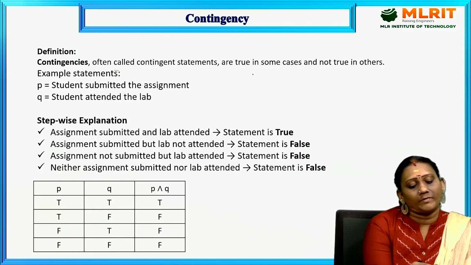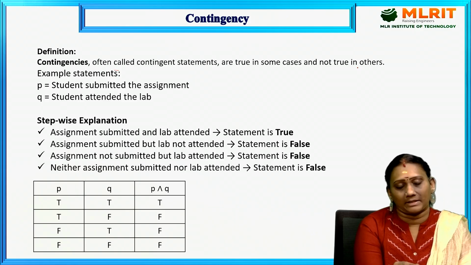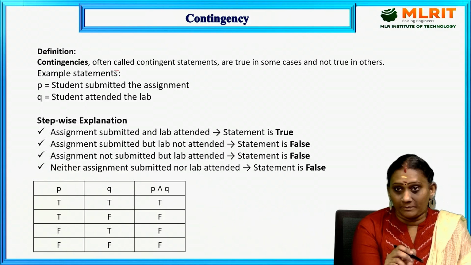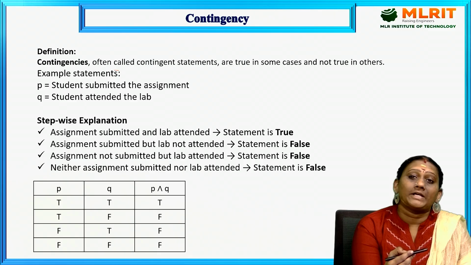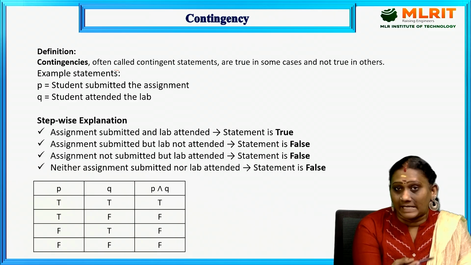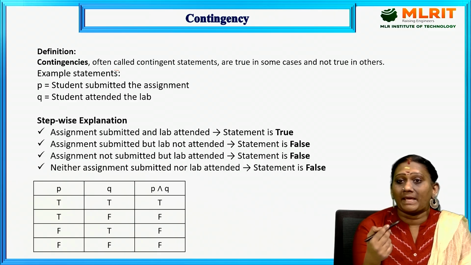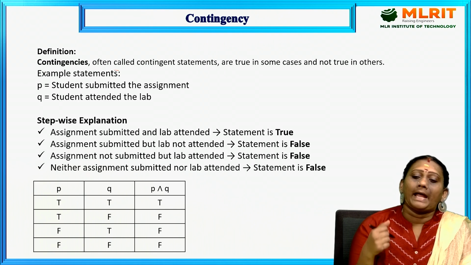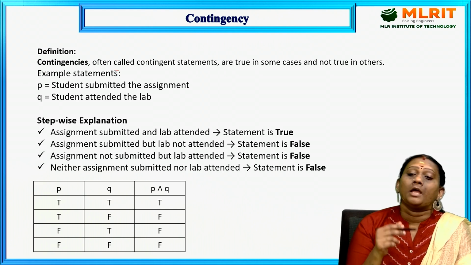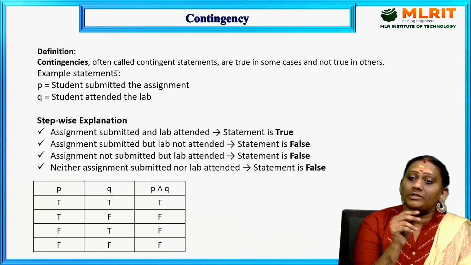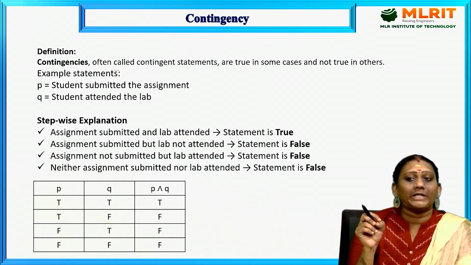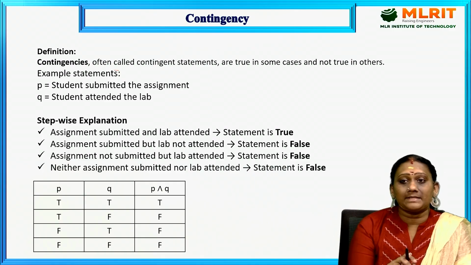Contingent statements are true in some cases and not true in others. Based on the different input values, we make an analysis in a truth table. In the case of contingency, the outputs change based on the inputs.